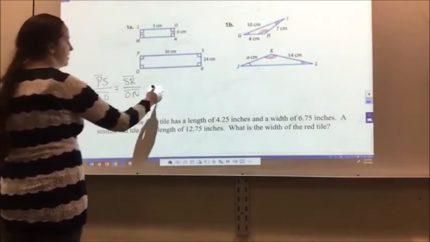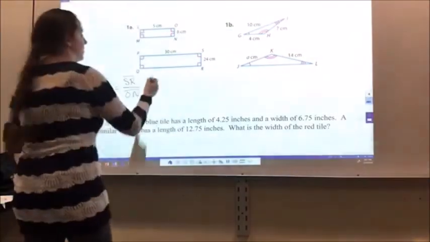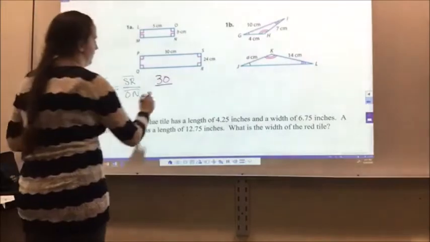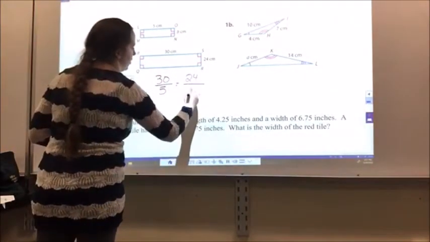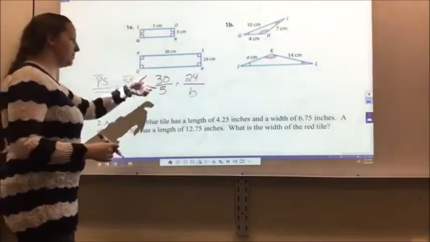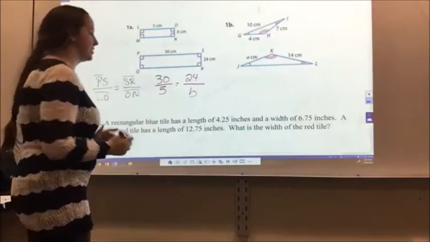When I do this, I get 30 over 5 equals 24 over B, okay? You don't have to set it up this way. You could actually flip these. You could have 5 over 30 and B over 24. That's fine. You'll get the same answer.